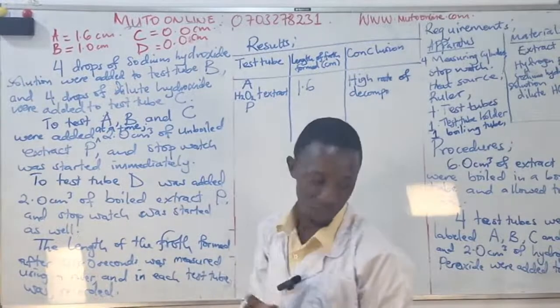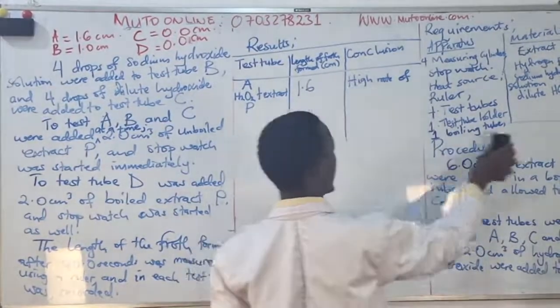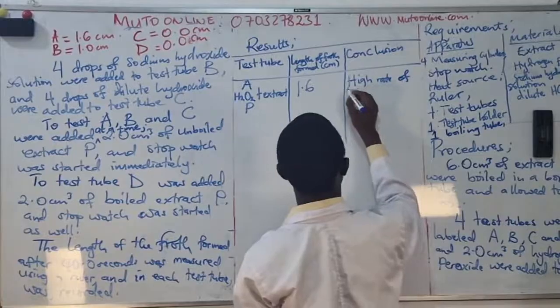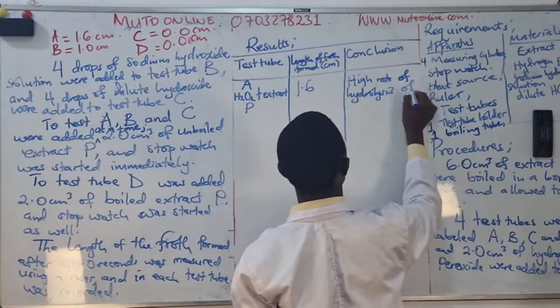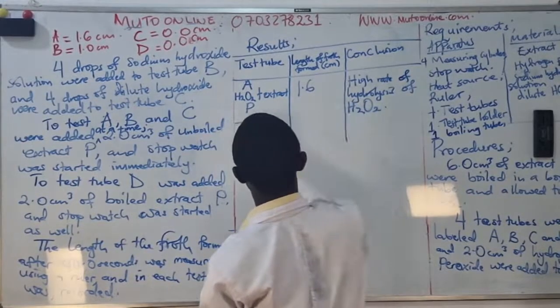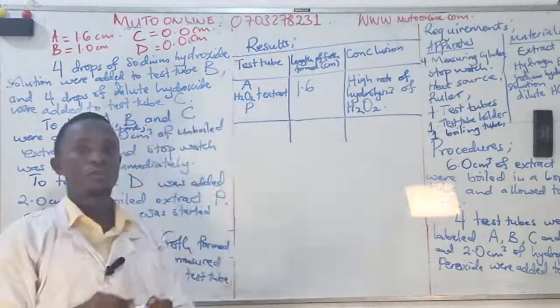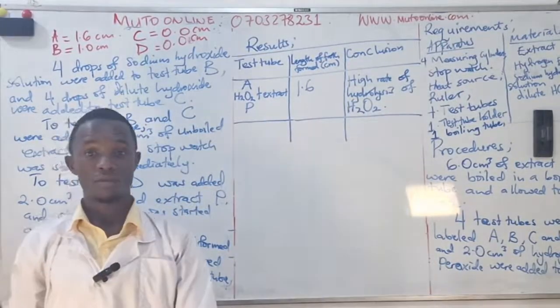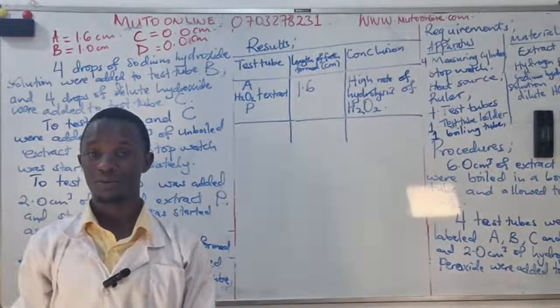Actually, in the scenario, they used hydrolysis. High rate of hydrolysis of hydrogen peroxide. So the deduction or conclusion is about the rate of the breakdown of the substrate. Which substrate is hydrogen peroxide now?